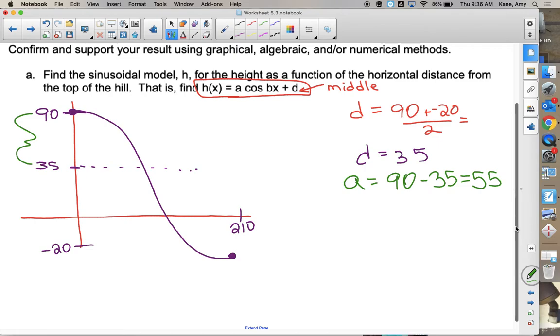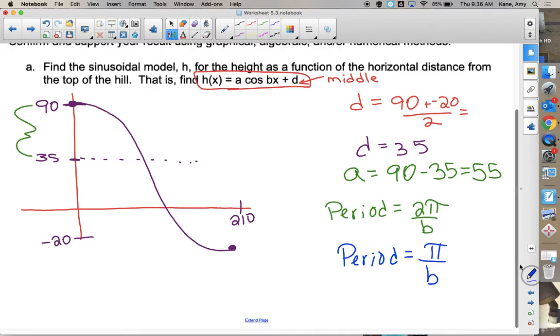The period. So typically the period is equal to 2 pi over B. How much of a graph do we have drawn? Emma? Half. So we have half the graph, so that means our period, since it's half the graph, we would use pi instead of 2 pi. What is the period?